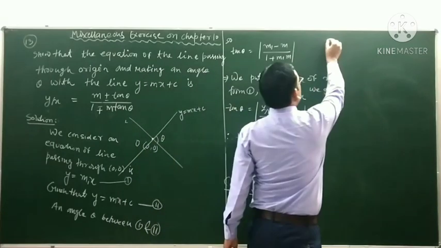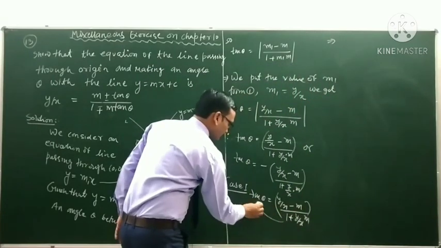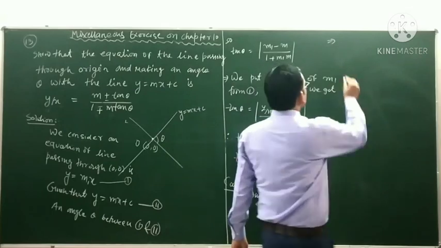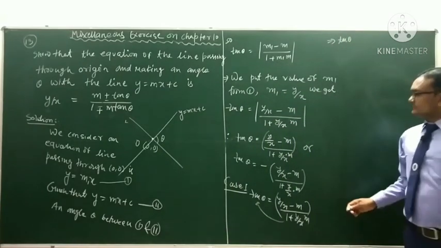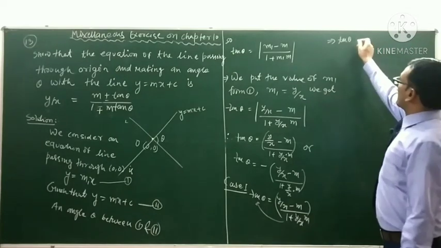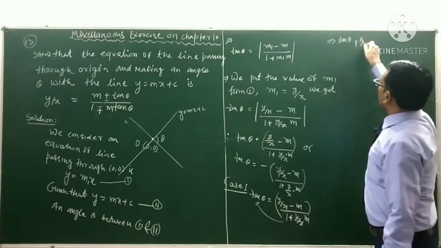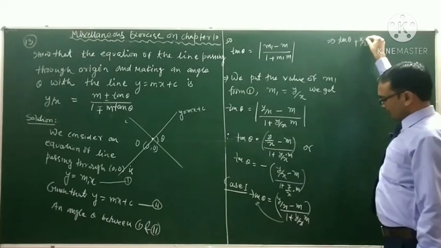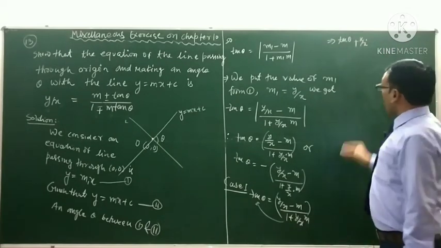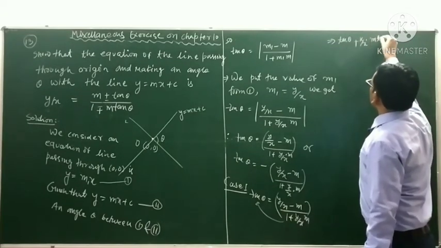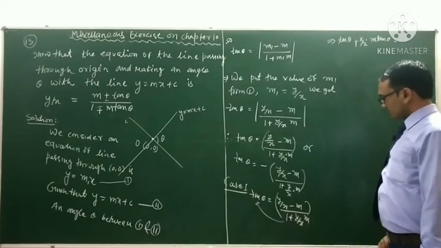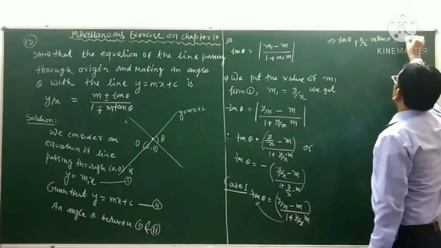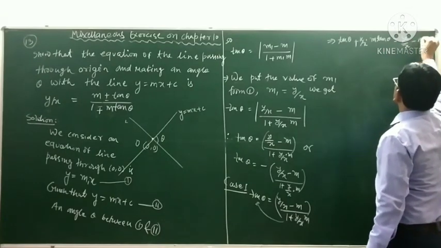This implies that tan theta plus y by x into m tan theta equals y by x minus m.